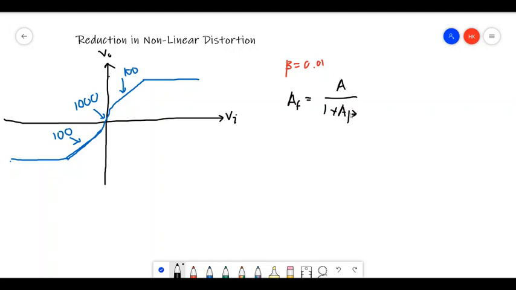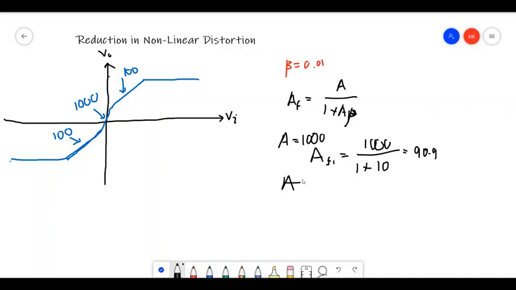If we take the portion where the open loop gain A is 1000, we can substitute that: 1000 divided by 1 plus 0.01 times 1000, which is 10, so that is 1000 divided by 11, which is 90.9.